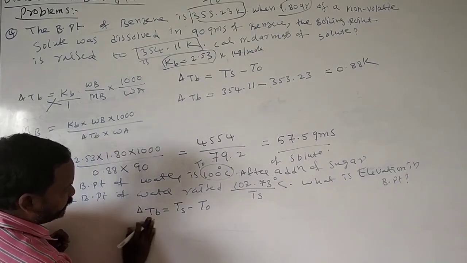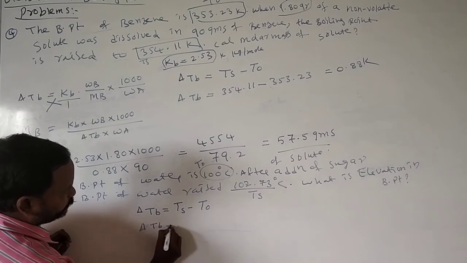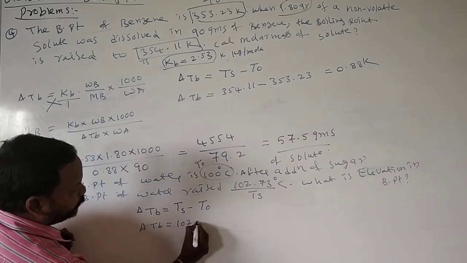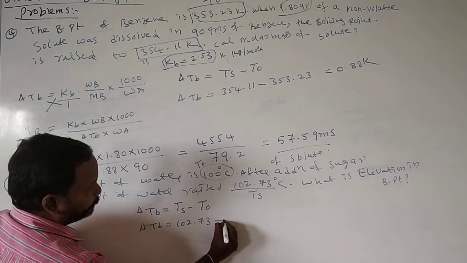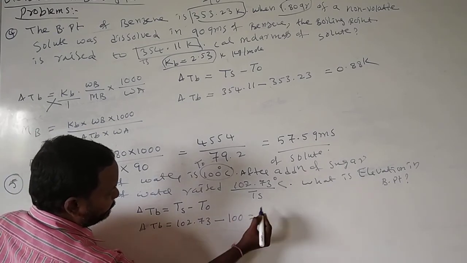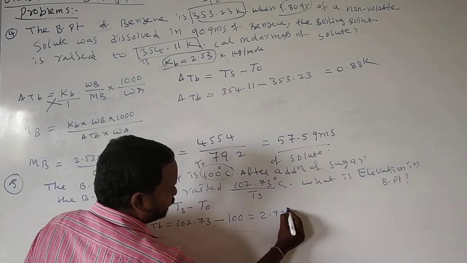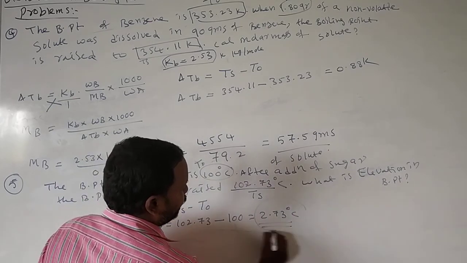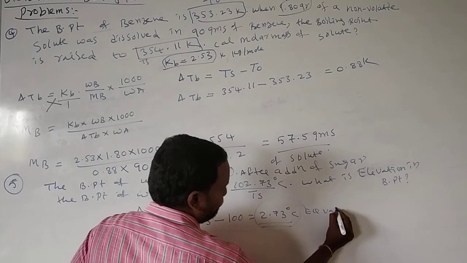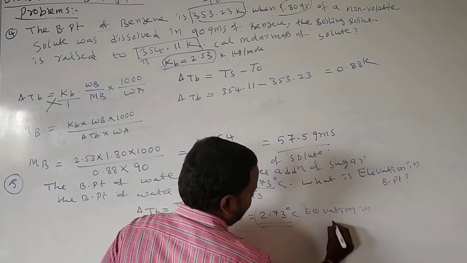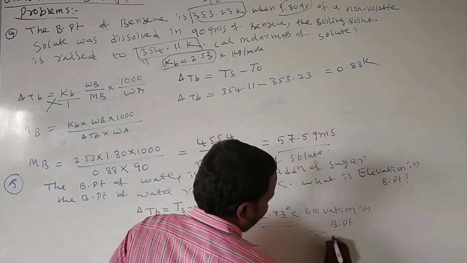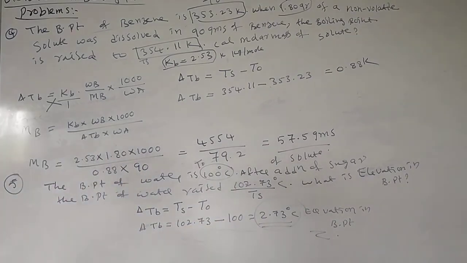ΔTb is equal to 102.73 minus 100, which is 2.17 degree centigrade. This is the elevation in boiling point. This is about the elevation in boiling point problems.